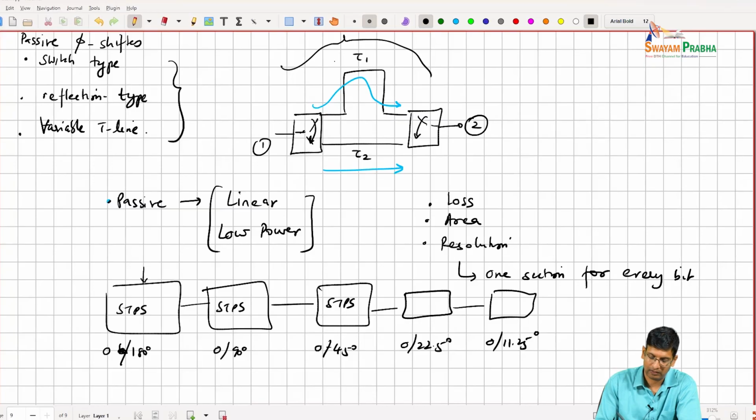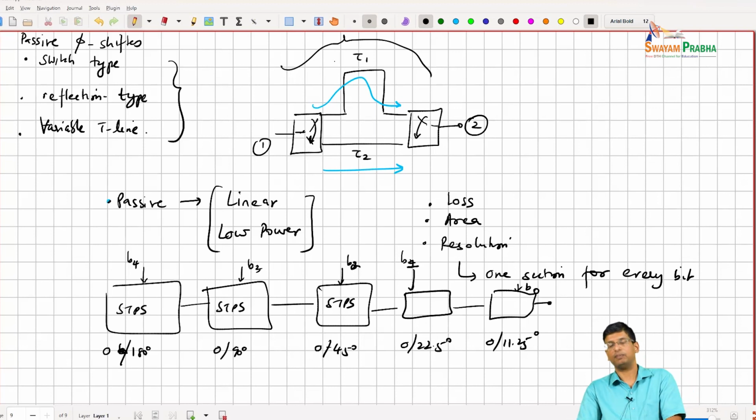These are controlled by the bits. But you can clearly see that as I keep increasing resolution, I keep adding blocks.